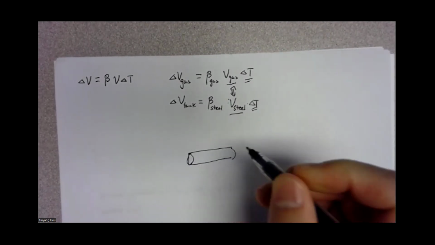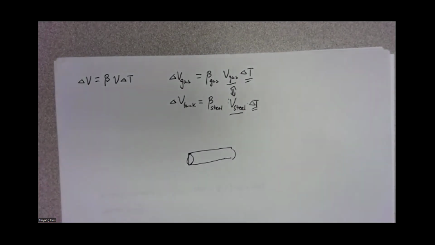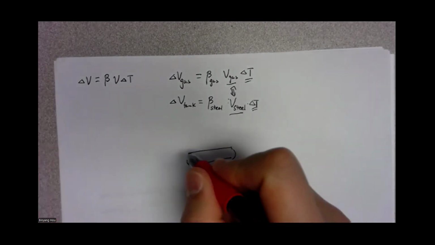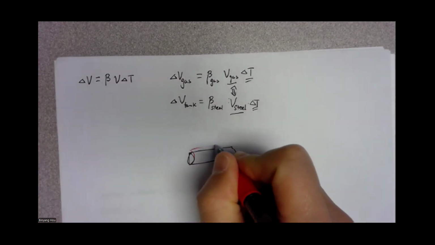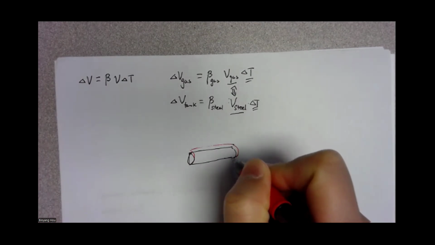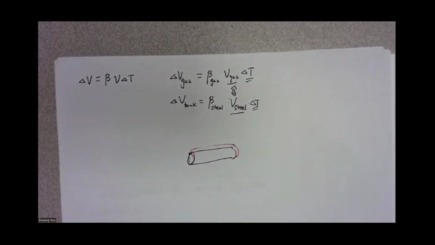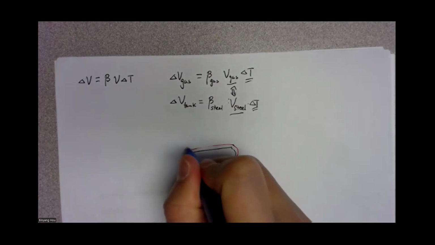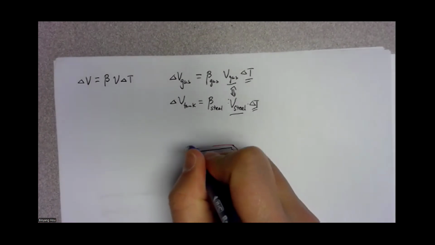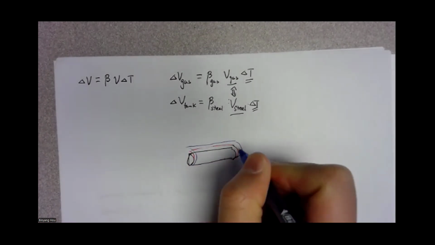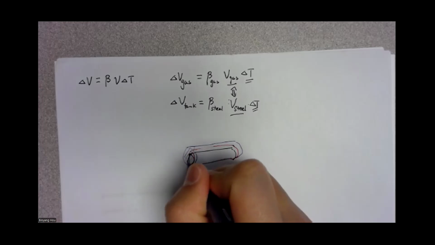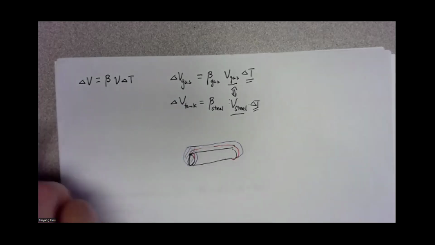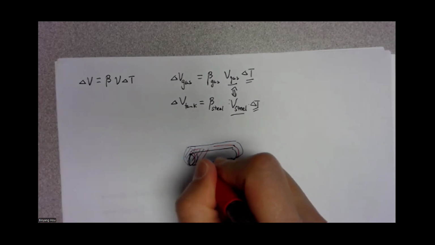Let's just say it's a cylinder, and as temperature increases, this guy will expand a little bit, right? So it expands a little bit like that. And then when the gasoline expands, it expands a little bit more because it has a larger volume expansion coefficient. So it may become like this. I'm exaggerating over here, but you'll see this guy now is bigger than this guy.